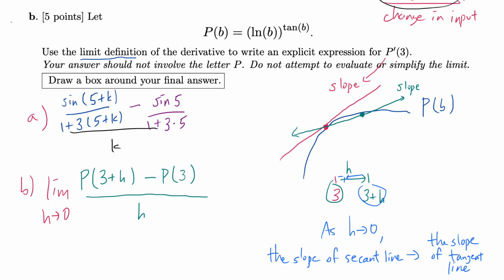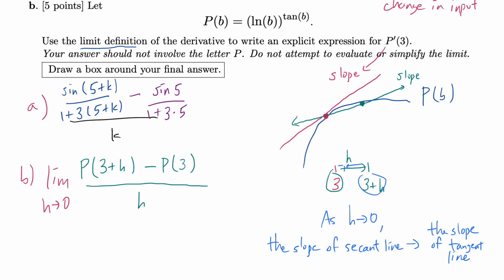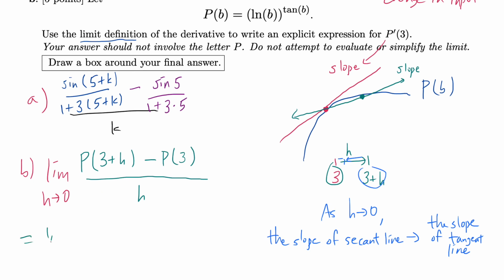But here's one problem: they do not want our answer to have the letter p. So we have to plug 3 plus h into p, and plug 3 into p, to rewrite it in terms of the actual expression for p. So, limit as h goes to 0. You plug in 3 plus h. Again, this is one quantity, so make sure you put parentheses around 3 plus h.